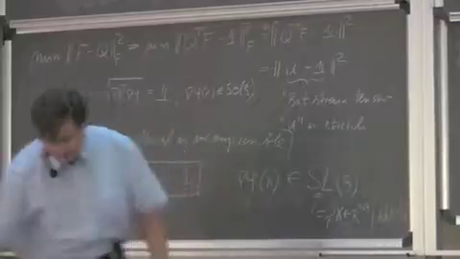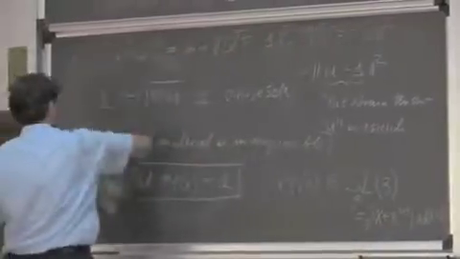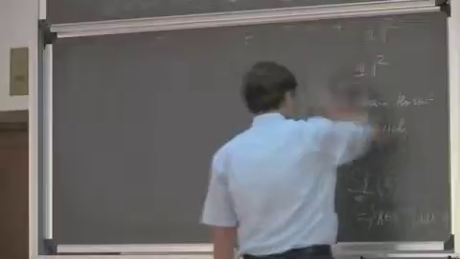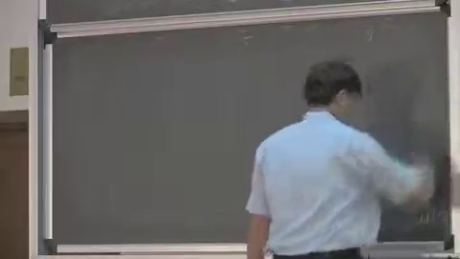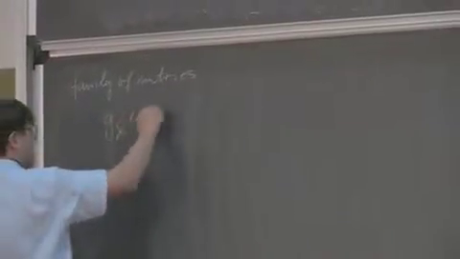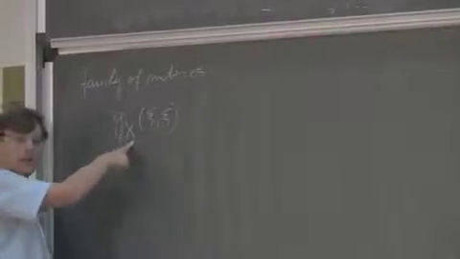Let me erase the blackboard. Okay, I define the following family of metrics in the following way, namely G at x of xi, where xi are tangent vectors and x is the point on the manifold.